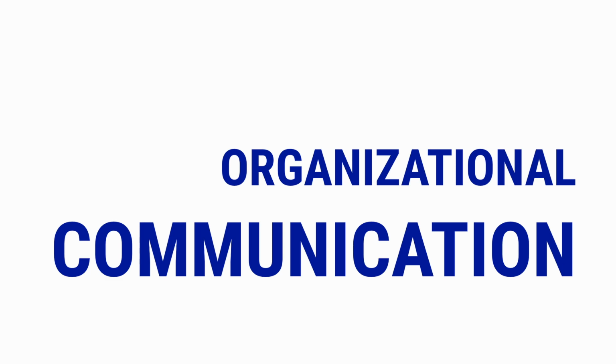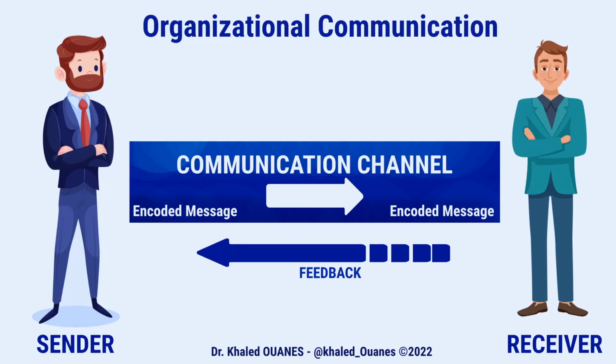What are these important factors and elements that we need to understand and address? First, we have the sender or the source that wants to transmit an intended meaning or information or data to a receiver.